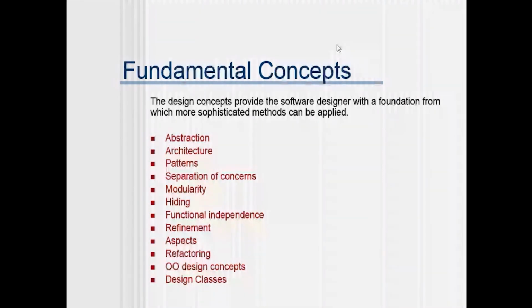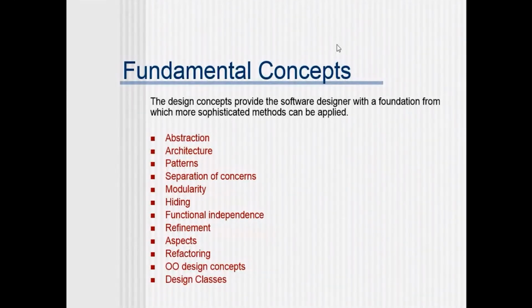There should be some particular characteristics of design classes: it should be complete, it should be sufficient, and primitiveness should be satisfied. Then, as I told you, high cohesion and low coupling should be there. All those things are the characteristics of design classes.